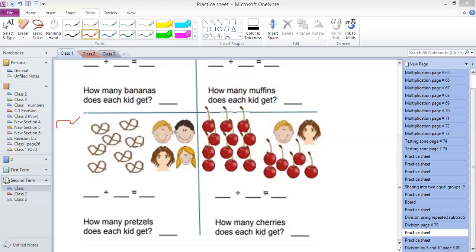How many are there? 8. Good. And you have to distribute into how many kids? 4. 1, 2, 3, and 4. So what should I write here?